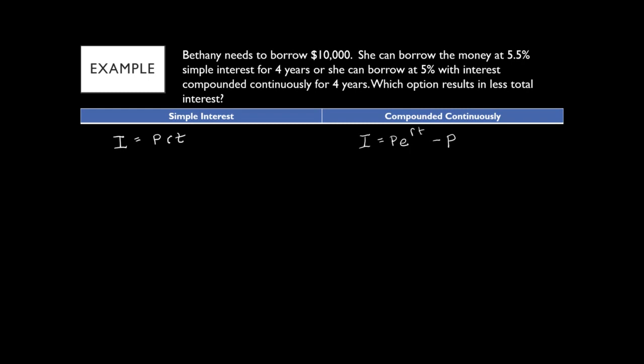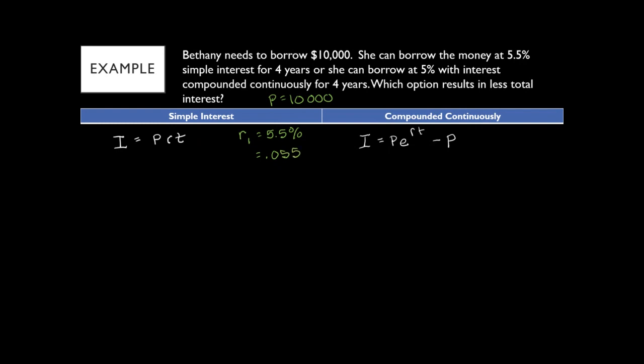So going back to the problem, it says we're borrowing $10,000, so that's going to be P. And then we've got 2 interest rates. So we've got the simple interest rate, which is 5.5%. And when you convert this to a decimal, you divide by 100.